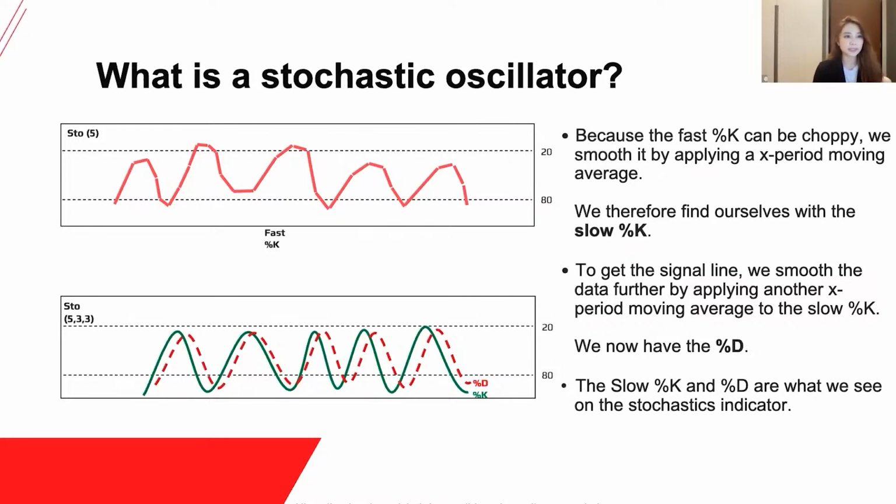Because the fast percentage K can be choppy, we smooth it by applying an X period moving average, therefore finding ourselves with a slow percentage K. Then to get the signal line, we smooth the data further by applying another X period moving average to slow percentage K, and now we have percentage D. So in whole stochastics, we will be seeing two visible lines, which are the slow percentage K and the slow percentage D, which we see right here in the figure. You can see the green wavy lines are your percentage K, and the dotted lines are our percentage D.